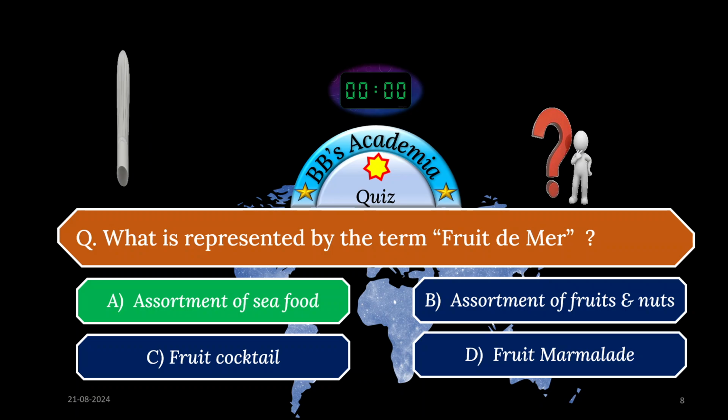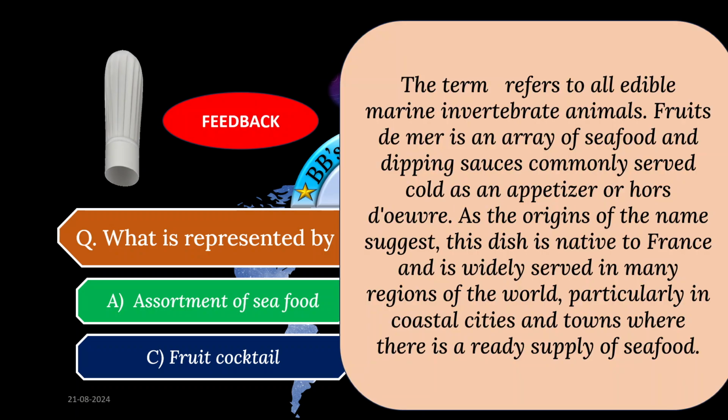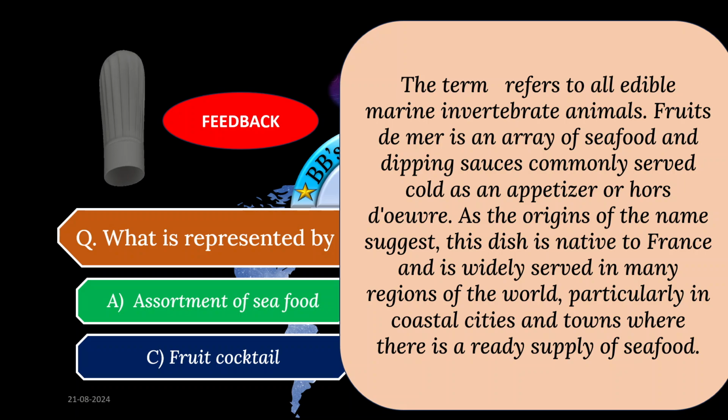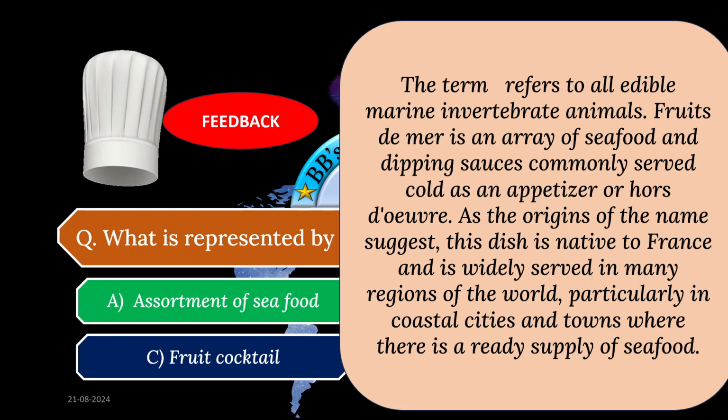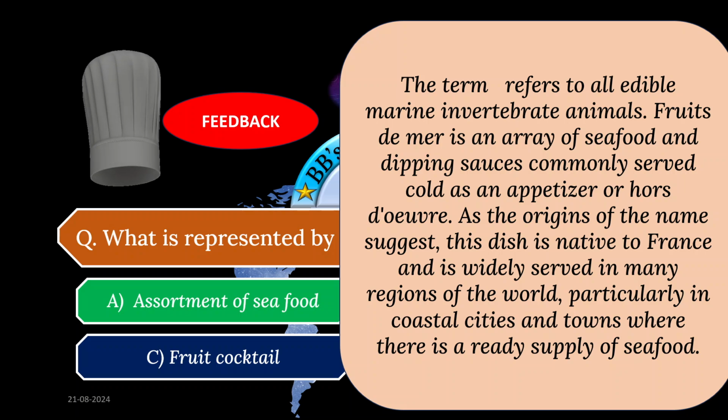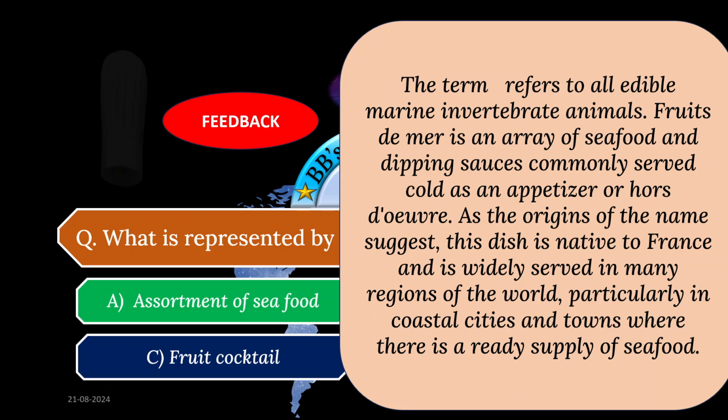Fruits de mer is a French word. The term refers to all edible marine invertebrate animals. Fruits de mer is an array of seafood and dipping sauces commonly served cold as an appetizer or other.